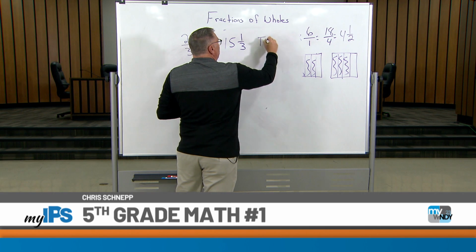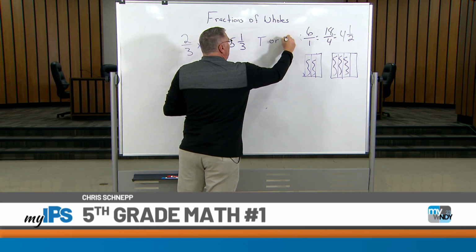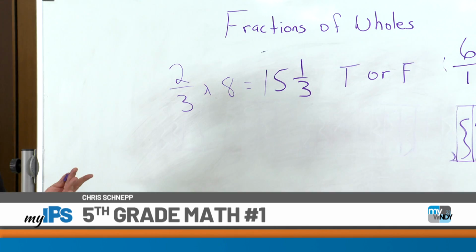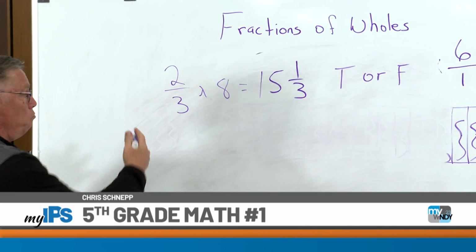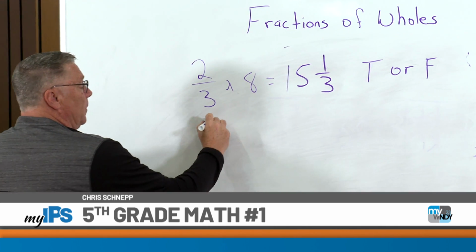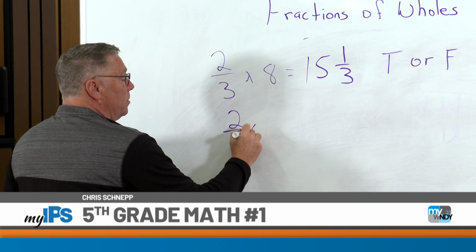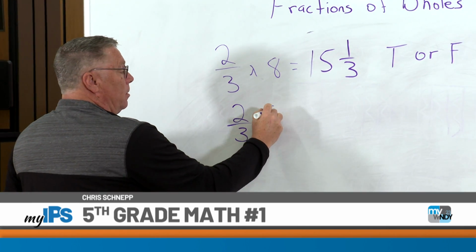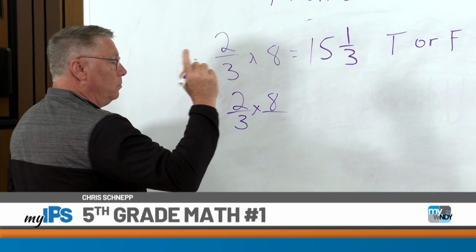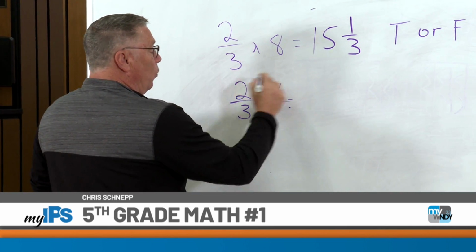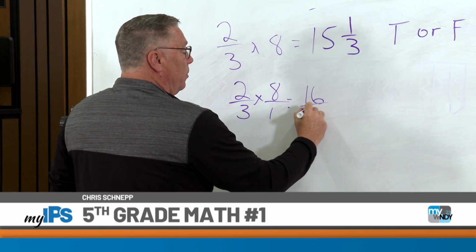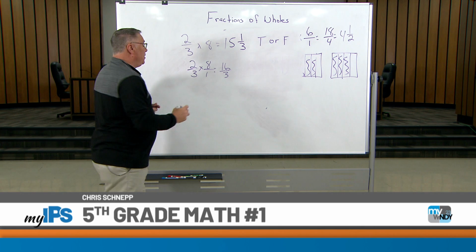Is that true or false? Okay, so the way that we're going to do that is we just solve the problem. 2/3 times 8/1. We multiply and we get 16/3. Okay, and then we simplify it.